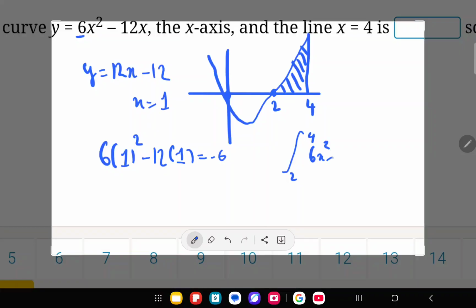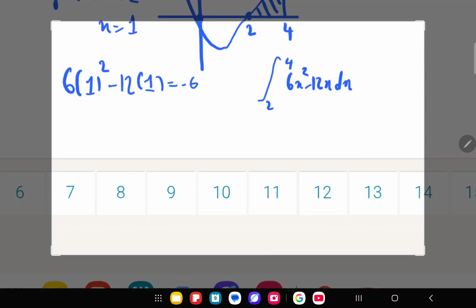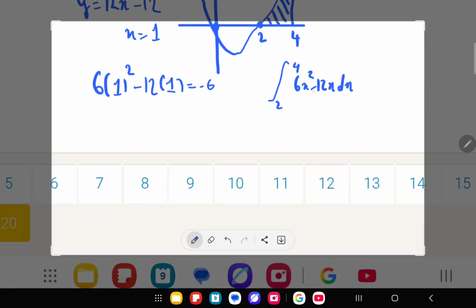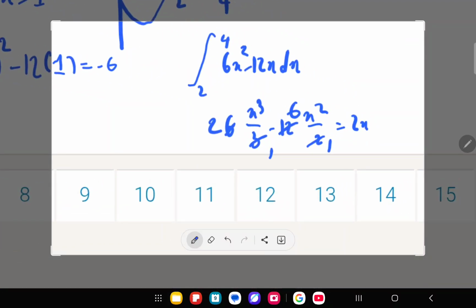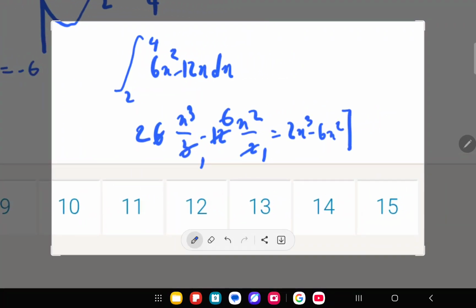6x squared minus 12x dx, with respect to x, in other words. And then you integrate the inside, you get 6x cubed over 3 minus 12x squared over 2. Cancel. You get 2x cubed minus 6x squared, ranging from values 2 to 4.